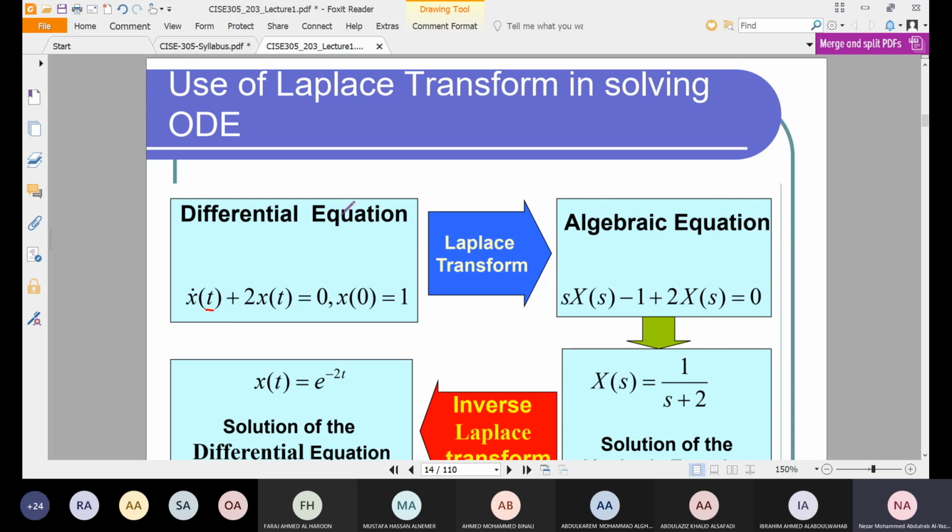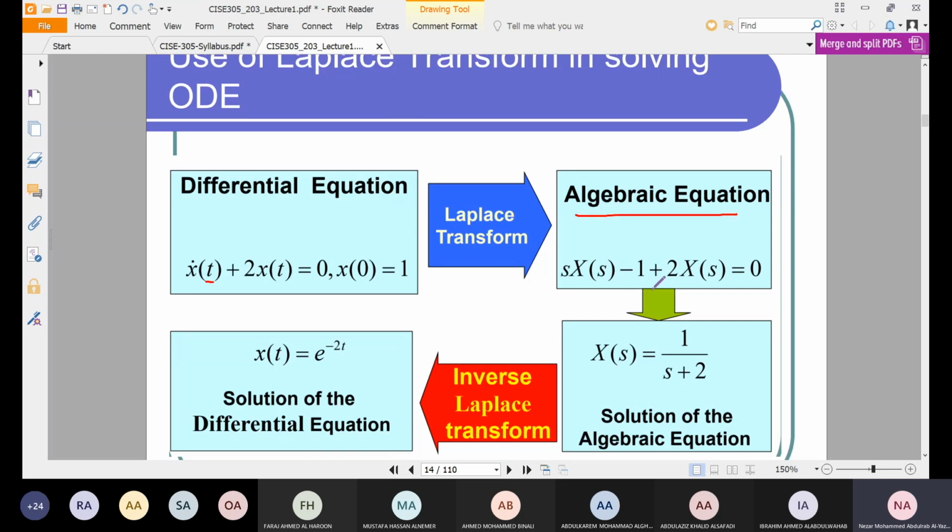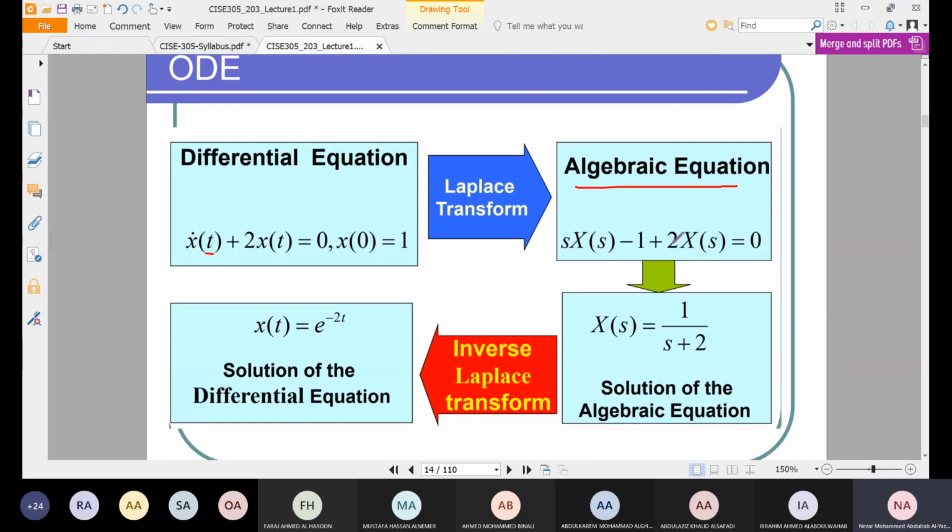If I convert time domain to frequency domain using Laplace, that means I convert the complex differential equation into an algebraic equation. A solution to the algebraic equation is very easy. We just do manipulation, and after that I compute it.